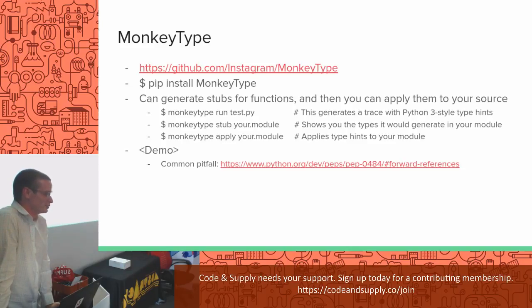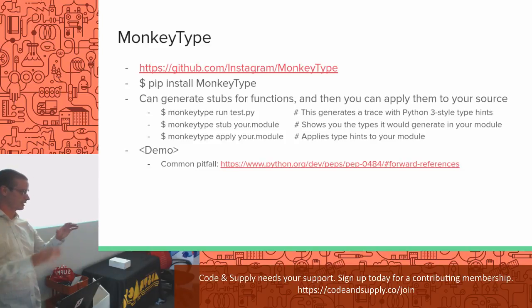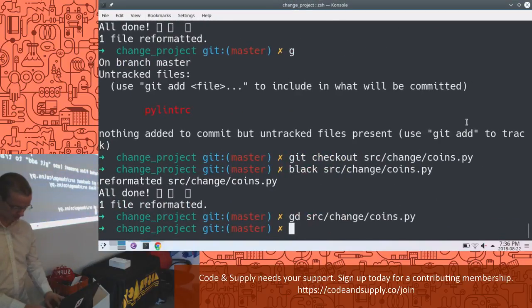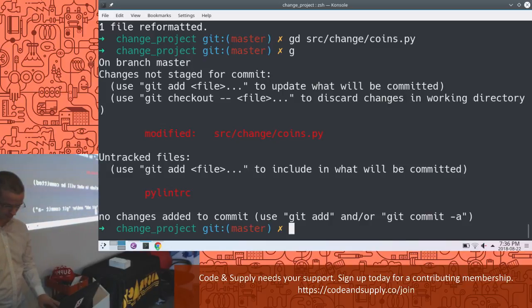So I'm cheating a little bit. You have to run your code, and it's running in the background, and it's going to try to figure out what kind of types things should be, or what it thinks things should be. I'm going to go through an example in a second that hopefully is easier. But you should know that it's not technically static because you do have to run your code at some point, and it is getting info from the running of your code.